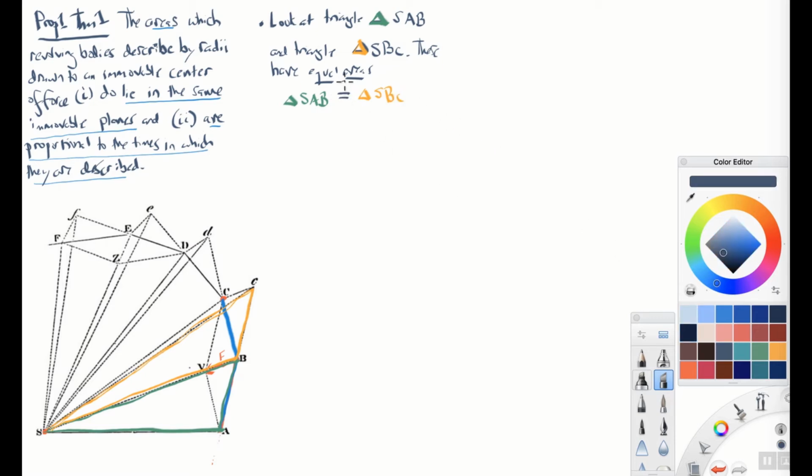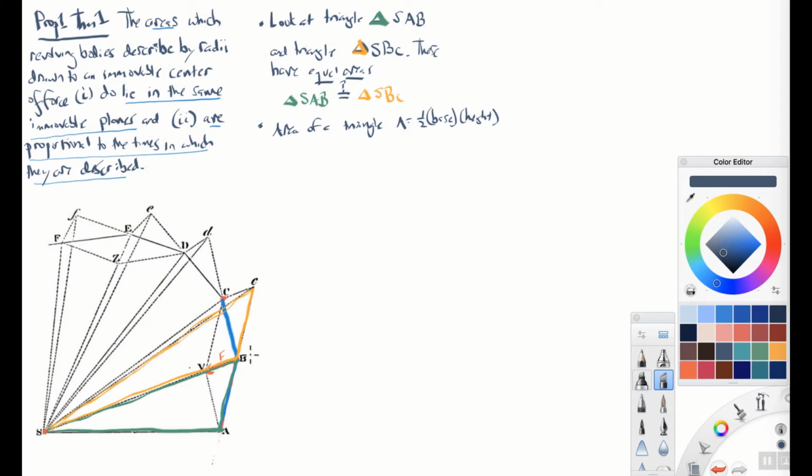Okay, how do we know? So how do we know that that's true? Well, remember that the area of a triangle, you might remember this from your geometry class, is equal to 1/2 the base times the height, right? That's the area of any triangle. So let's look at what the areas of these two triangles are.